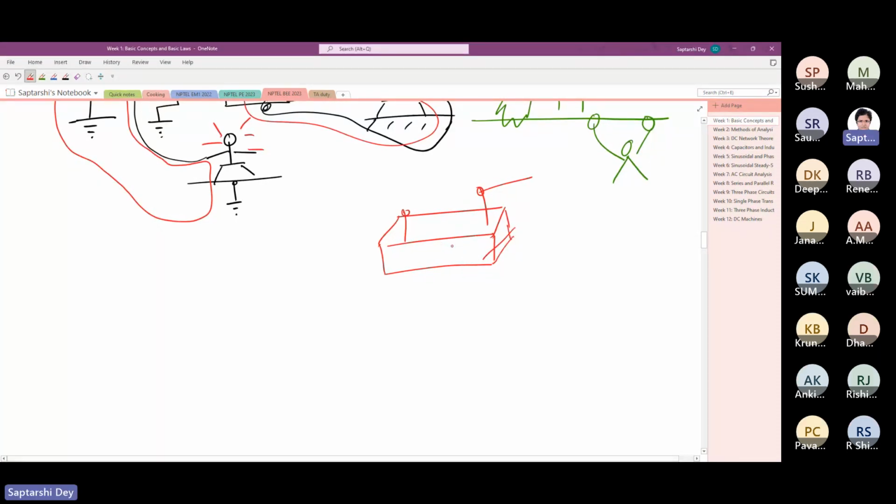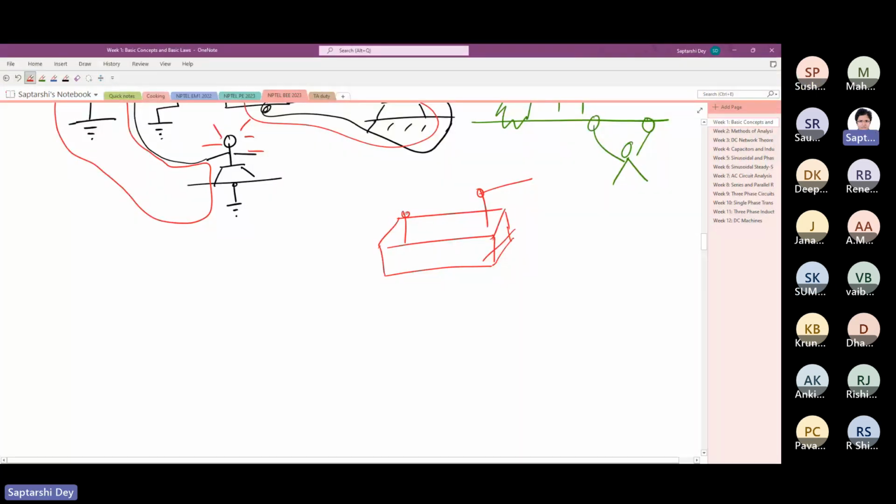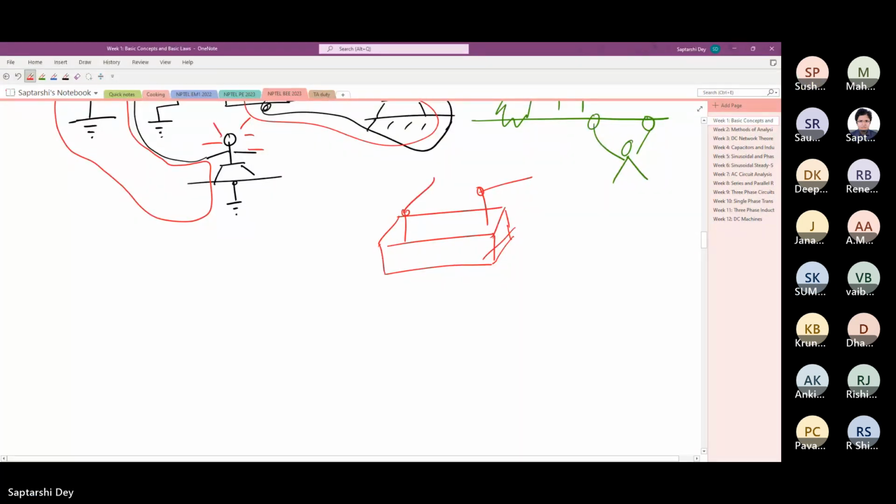But if you really want to test this, test it with a tester, do not test it by yourself. But do not touch both of them, you will definitely get a shock.